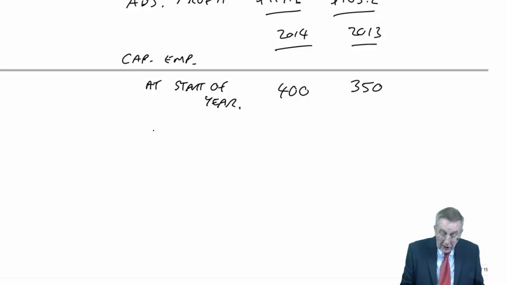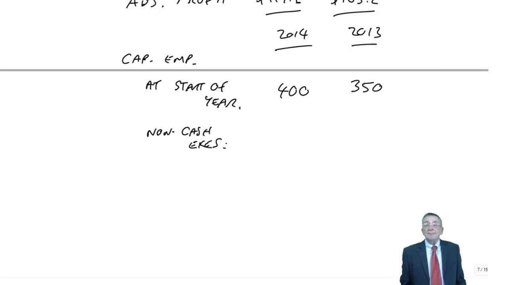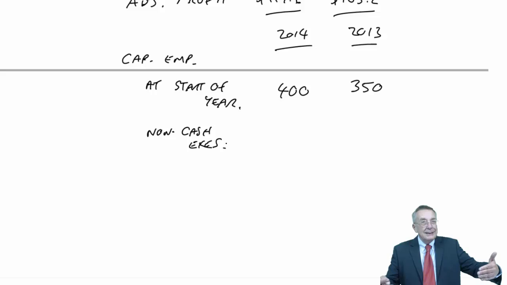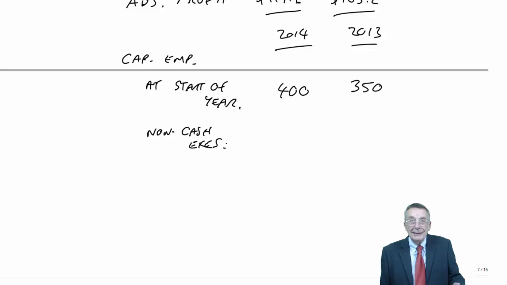First of all, non-cash expenses. Surely, if we were removing them, it made the profit higher, and if the profit's higher, the retained earnings as part of shareholders' funds would be higher as well.